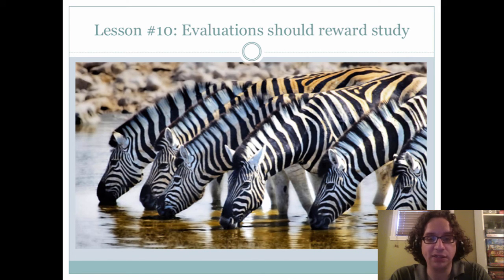Another old lesson that comes back is that evaluations should reward study. And by study here, let's take a broader view and say that evaluation should reward work. So I had students who worked and who read the text before the discussion, and I had students who read as little as they could and just before the quiz.